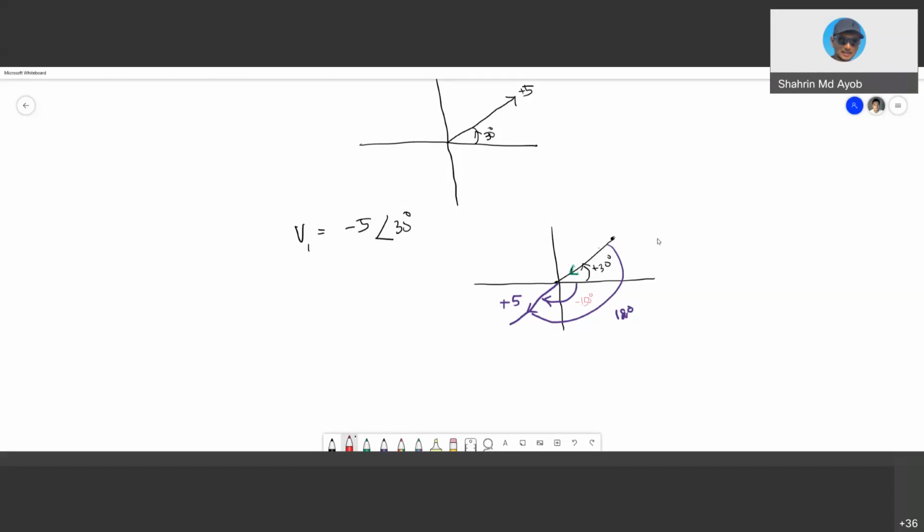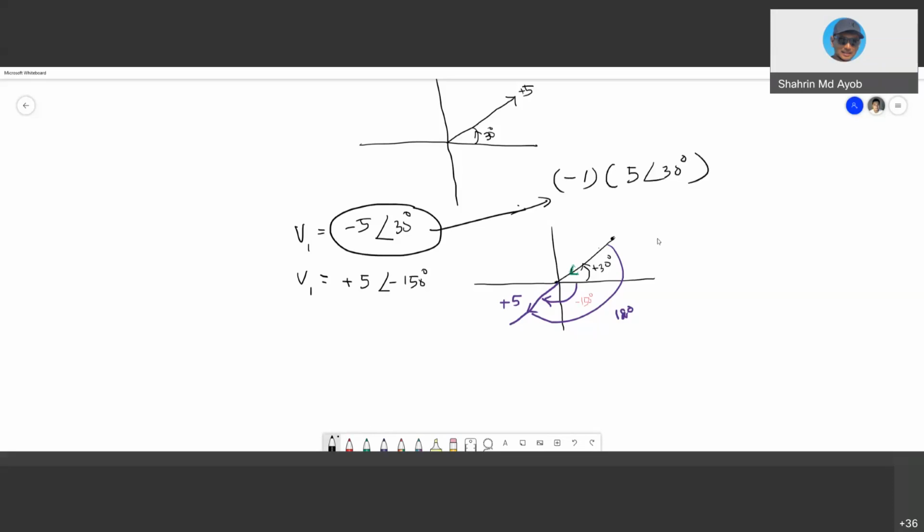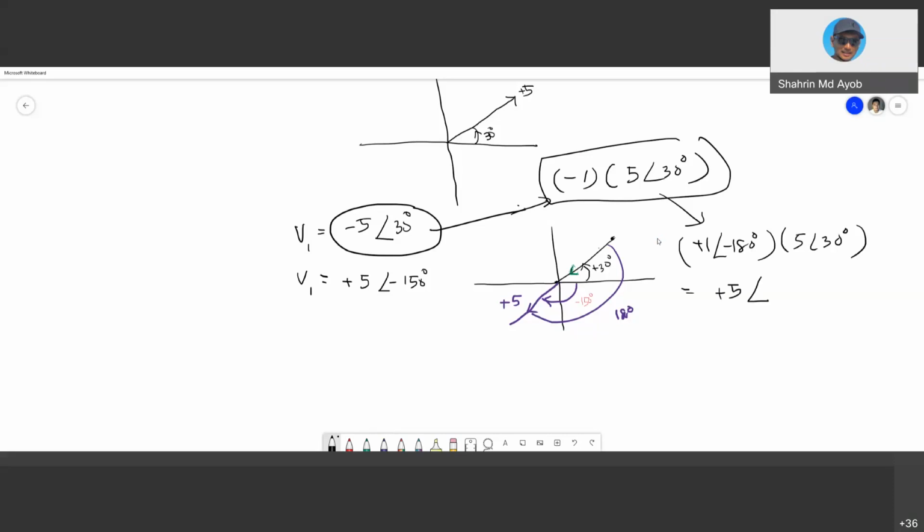So I can write this as positive 5 with negative 150 degrees. If you are not very sure or confident, let's say negative 1 times 5, 30 degrees, and we know that negative 1 is equal to positive 1, negative 180 degrees, so I will have positive 5, negative 150 degrees.